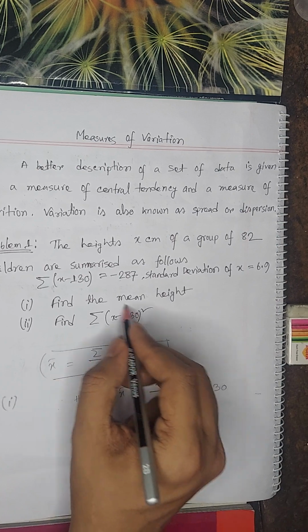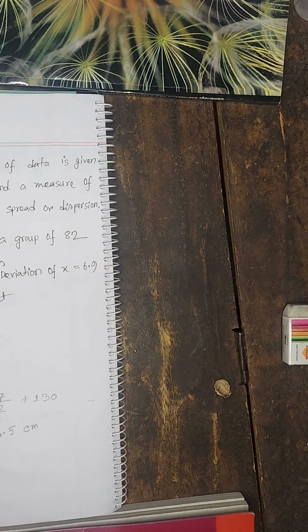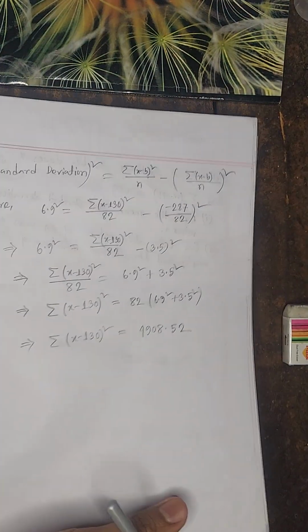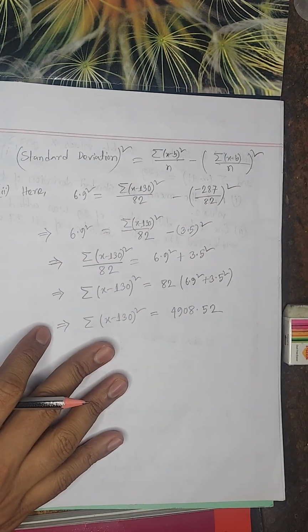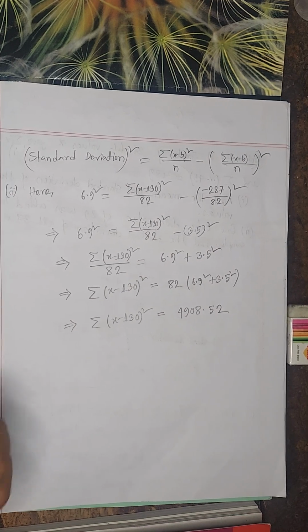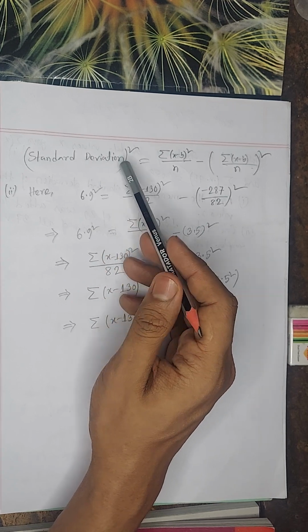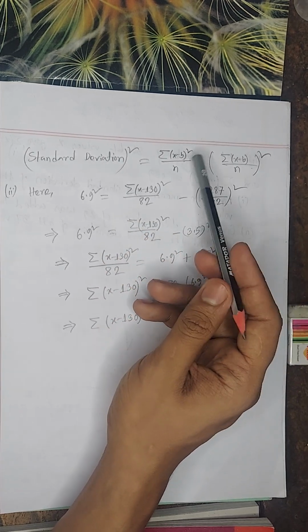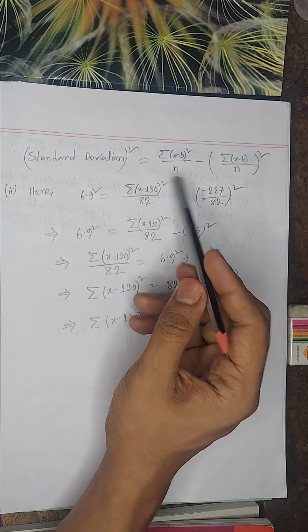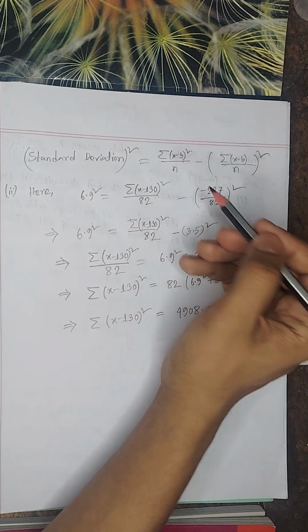Now the second step, we have to find this value. We know the square of the standard deviation is given by this formula. We can use this formula for finding this expression.